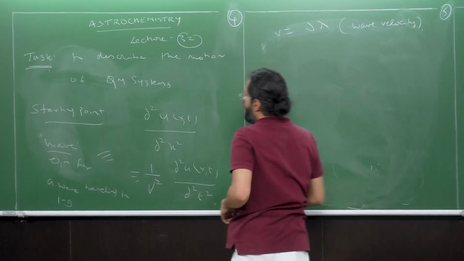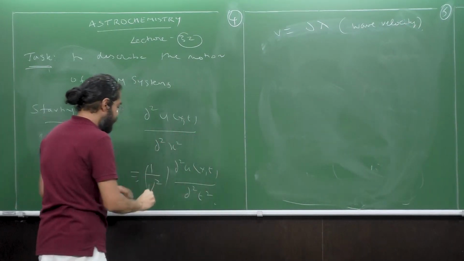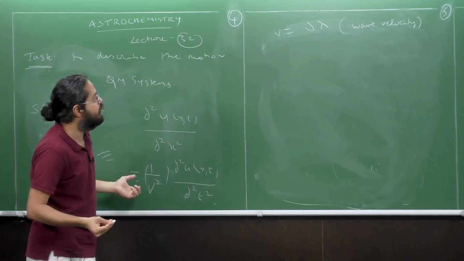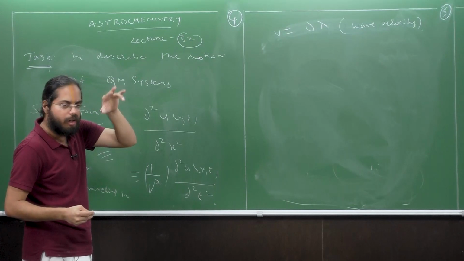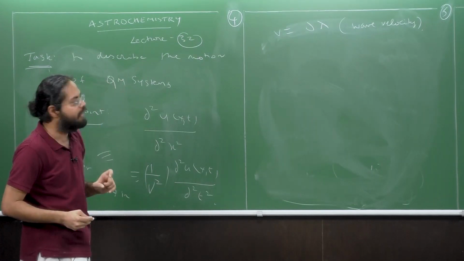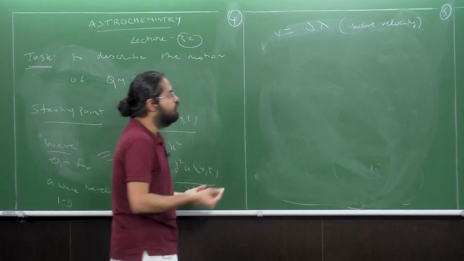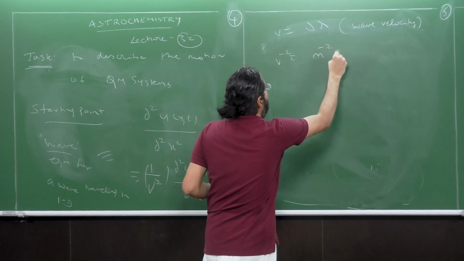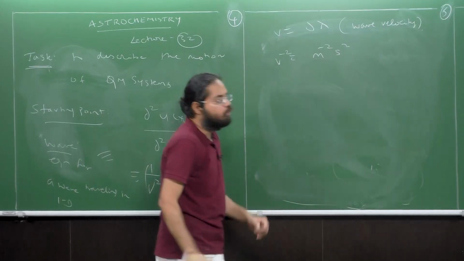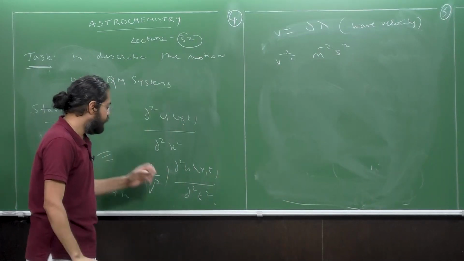So what is going to be the dimension of velocity? Well, velocity is going to be meter per second, ms to the power minus 1, right? So v square, v to the power minus 2, is going to be m to the power minus 2 and s square. Okay, that is this part.